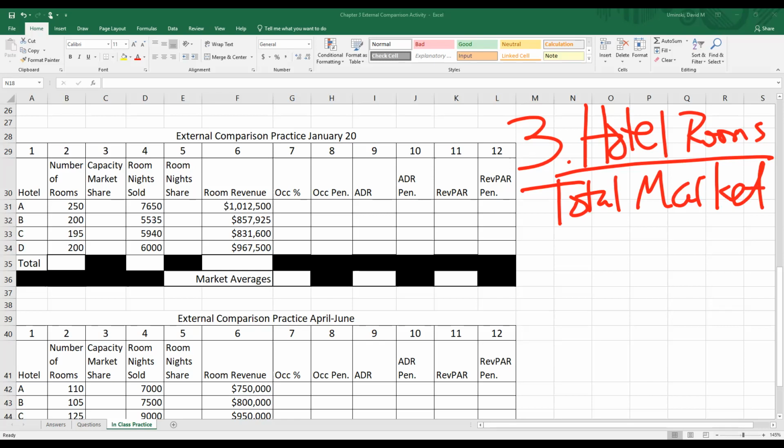The hotel rooms divided by the total market, and that's going to give us a percentage. So what we first have to do is add up how many rooms we have in the total market. How do we do that? Yep, we're going to add up all these four numbers right here: 250, 200, 195, and 200.